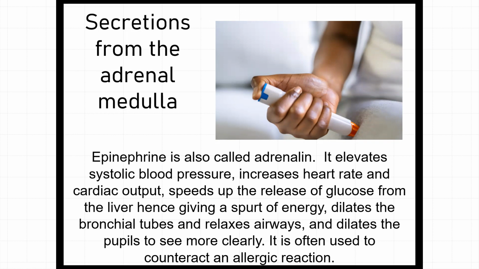It elevates systolic blood pressure, increases heart rate and cardiac output, speeds up the release of glucose from the liver, hence giving a spurt of energy, dilates the bronchial tubes and relaxes airways, and dilates the pupils to see more clearly. It is often used to counteract very acute allergic reaction, which we call anaphylaxis. An EpiPen can be used for counteracting all the physiological events going on due to anaphylaxis or acute allergic reaction.